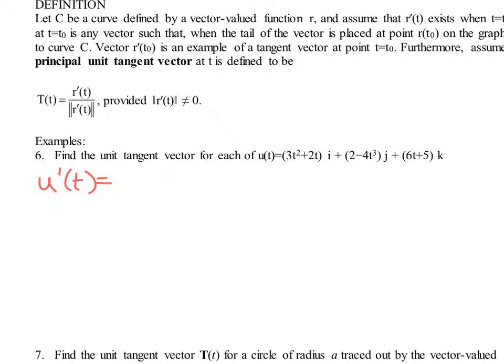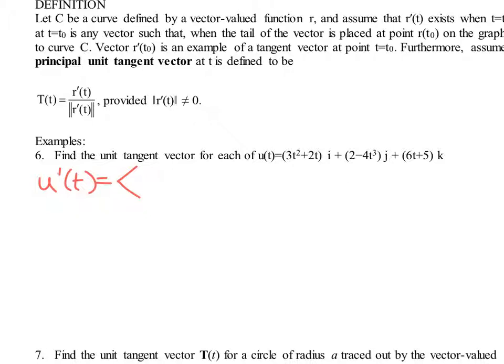I'll take that as a typo. I give a whole definition in terms of r, and then my first example is in terms of u. That's my one big failing. Sometimes I can't get out of my own way with that.